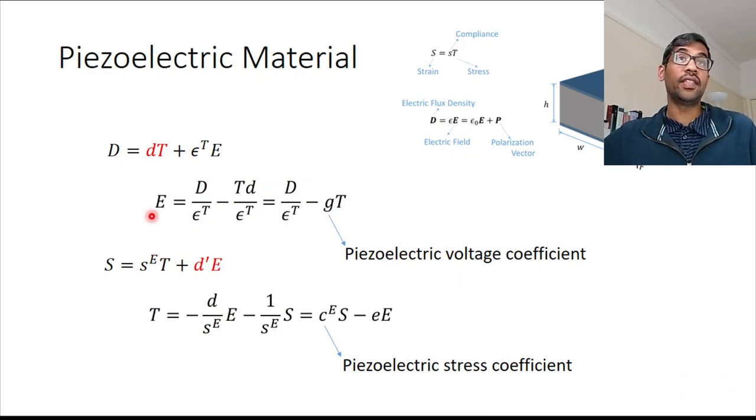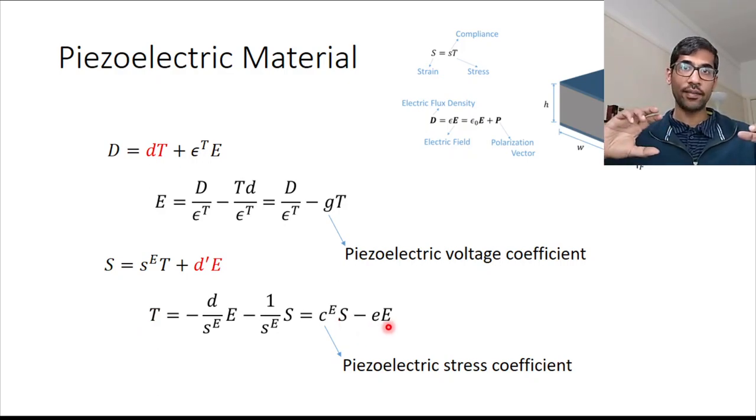This is basically the same slide again, talking about the electric field not only generates the displacement current but generates a stress, and similarly a stress not only generates a strain but it also generates an electric field.